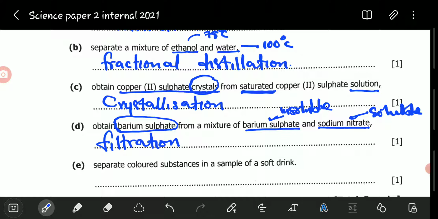When we look at these things, we are generally taught that to separate colored pigments, colored dyes, colored whatever, we use a method called chromatography. So here we'll straight away, without discussing anything else, quickly just say we'll use chromatography.